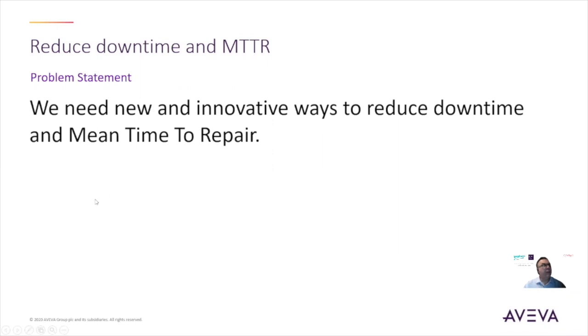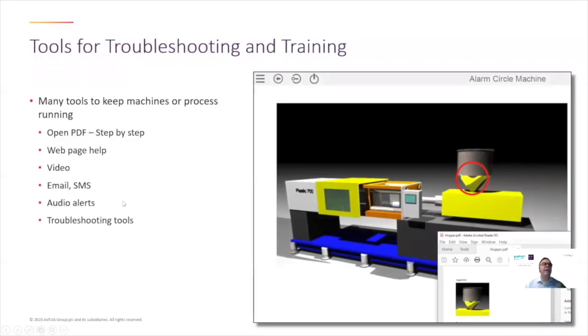We hear from our customers things like, we need new and different ways to reduce downtime and get things running again quickly. So there are lots of tools in AVEVA Edge to be able to do that.